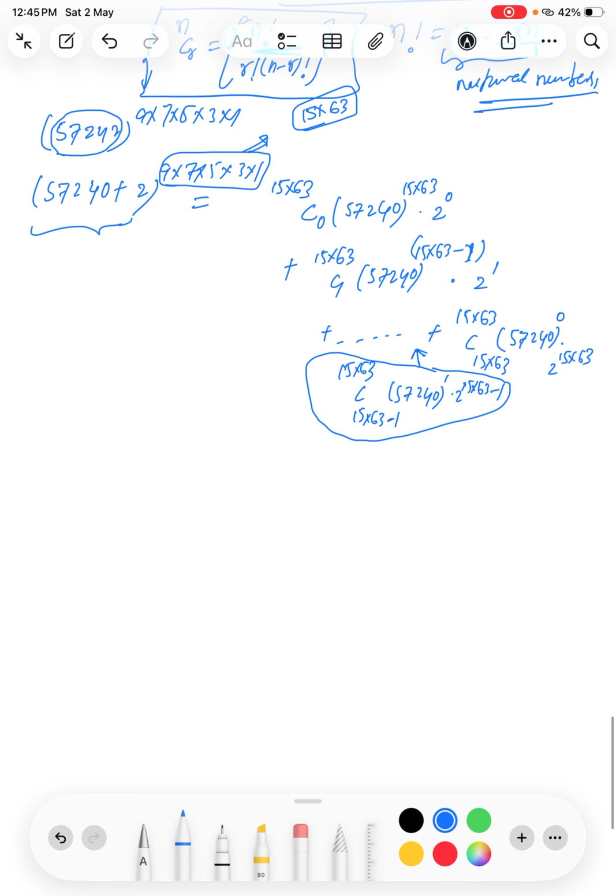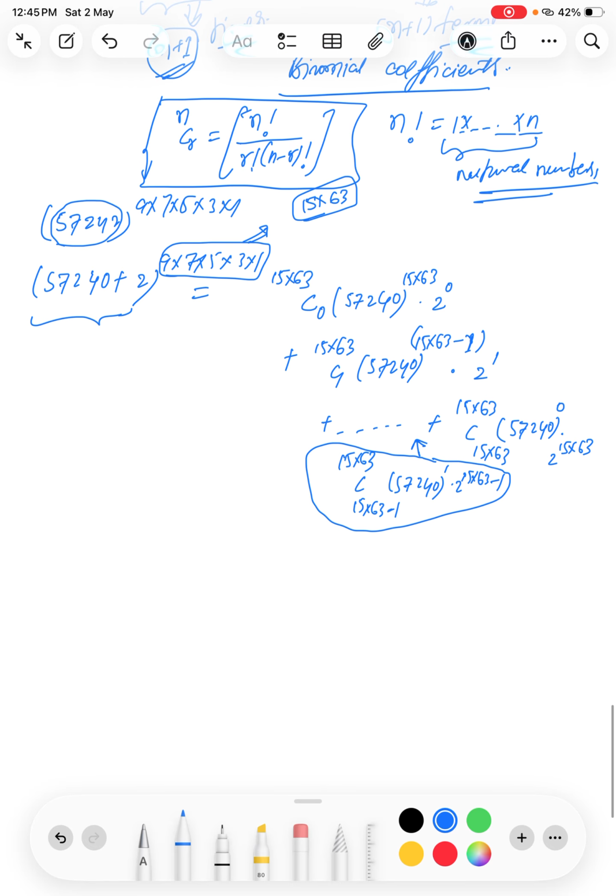Now what I am asking you to do is observe all these terms up until the penultimate term. What we are saying is that we have 0 and a power of that greater than 0.